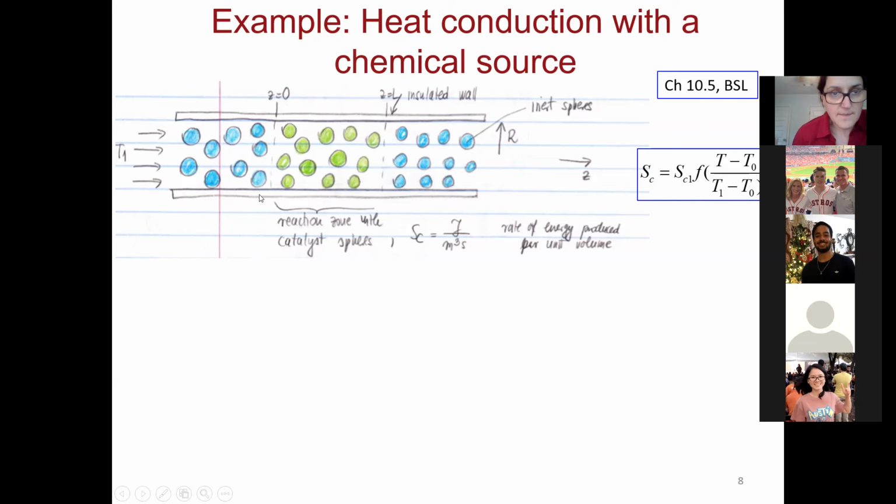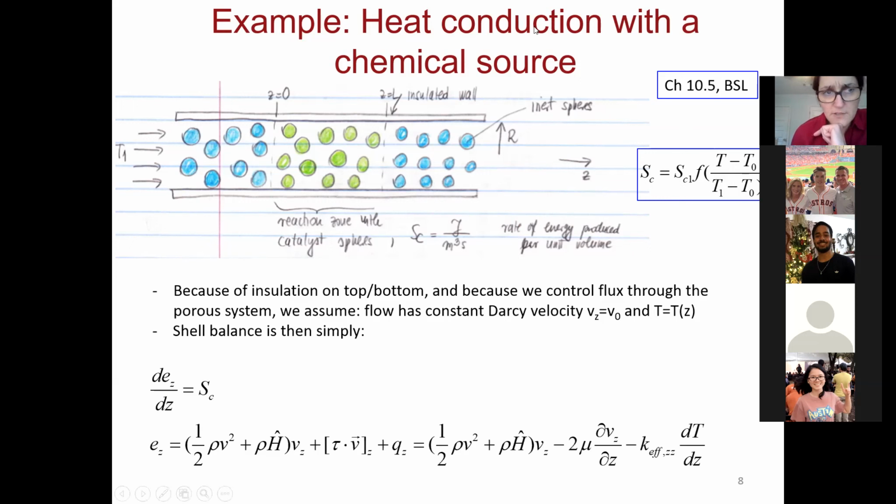There is some T0 here at the 0, and there is some temperature that the fluid enters with. So there's some normalized version. Ultimately, it's something called normalized temperature. Okay, so ultimately we have that expression typically given.